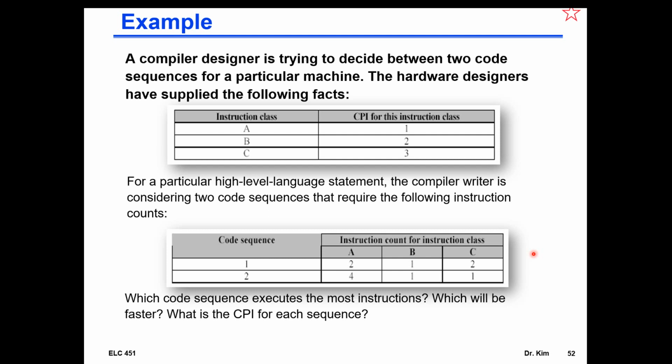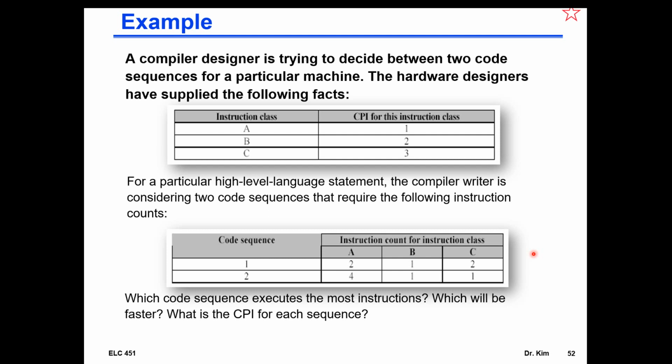So now the two sequences that are being considered are such that the first sequence takes 2 instructions from class A, 1 instruction from class B, and 2 instructions from class C. The other alternate code sequence employs 4 instructions from class A, 1 instruction from class B, and 1 instruction from class C. Then the question is, which code sequence executes the most instructions?